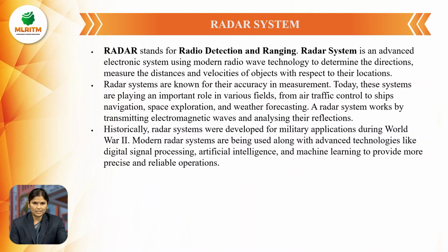Historically, radar systems were developed for military applications during World War II. Modern radar systems are used along with advanced technologies like digital signal processing, machine learning, and artificial intelligence. By using these technologies, we can easily find the direction of the antenna and the range of the target.